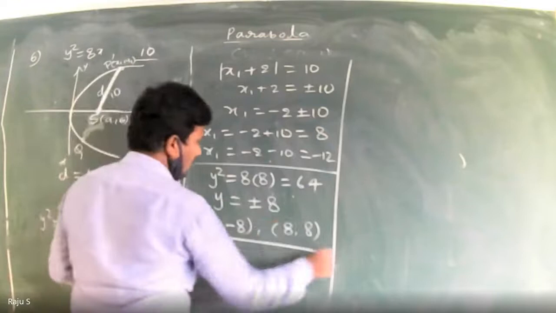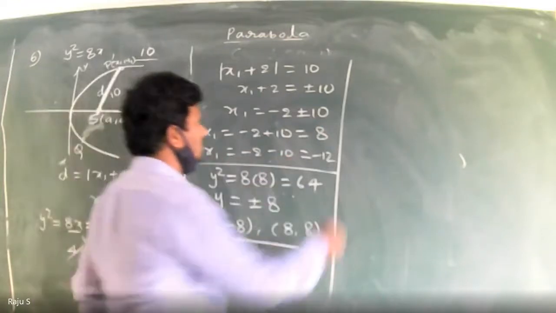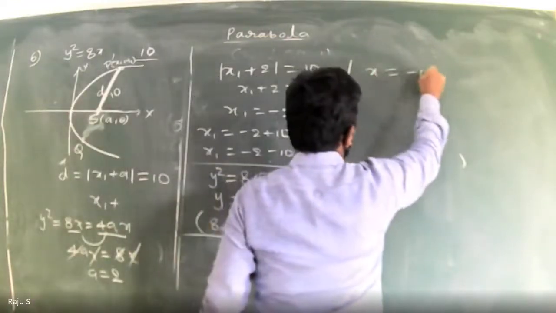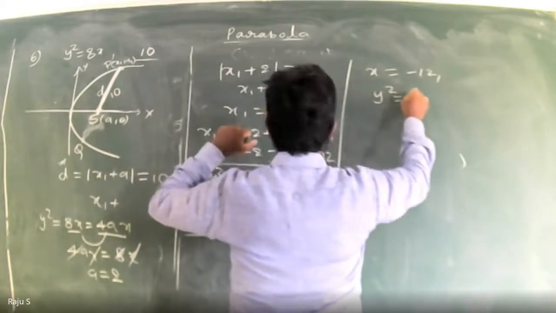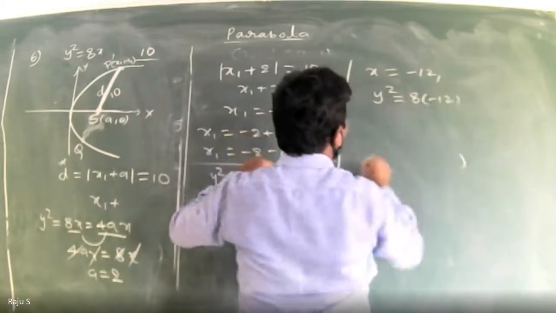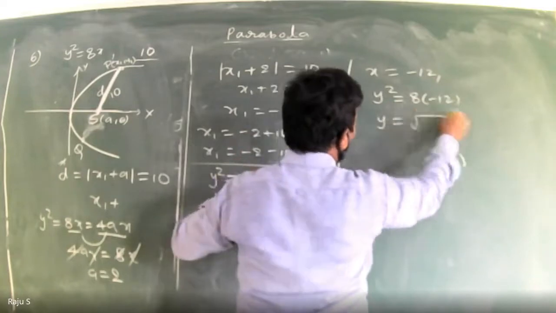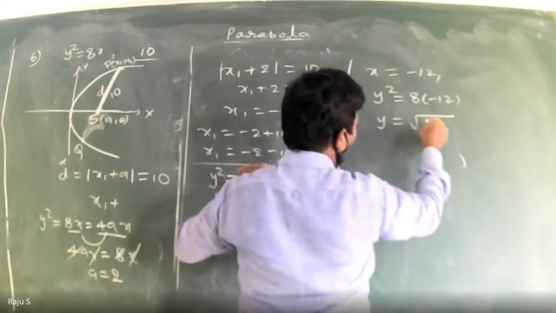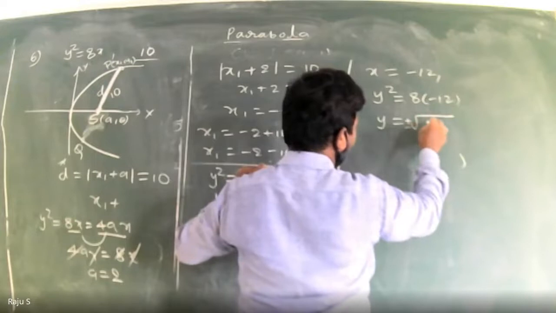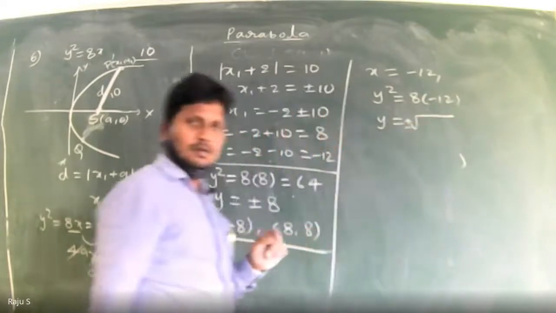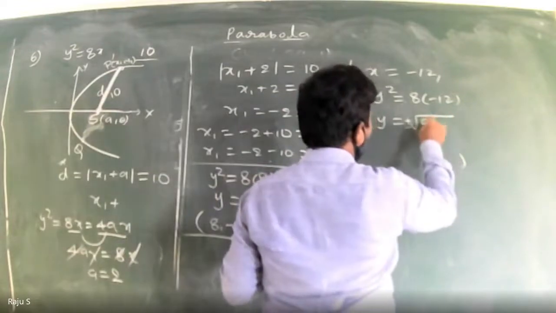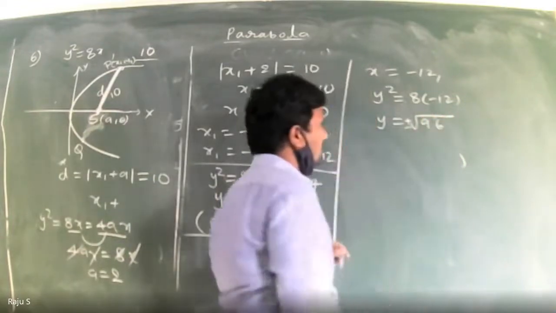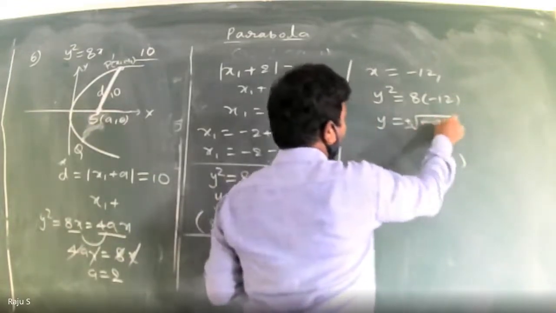Then case 2, when x is equal to minus 12, substitute in the given equation. So 8 into minus 12, is it possible? Plus or minus square root of minus 96.